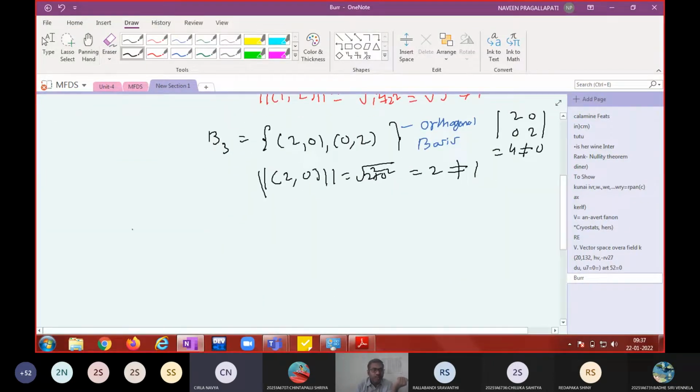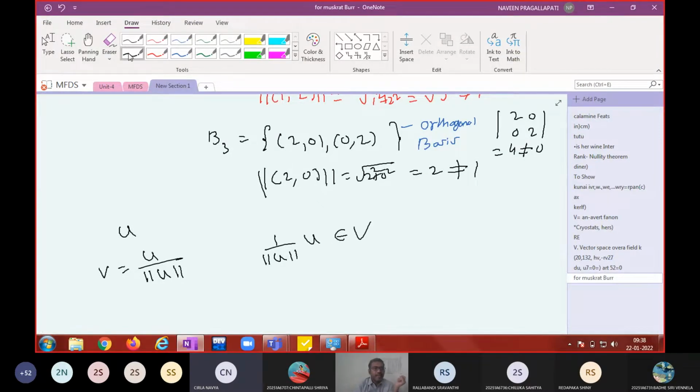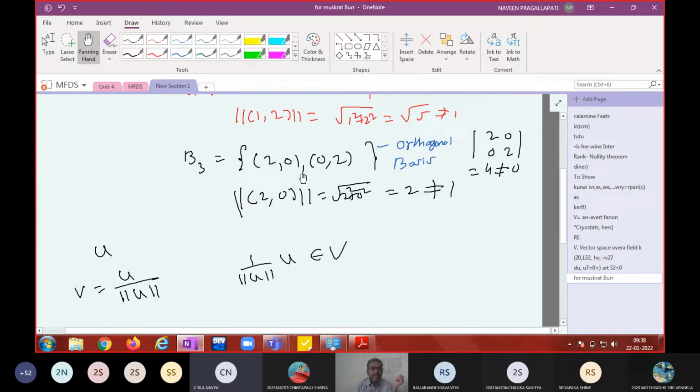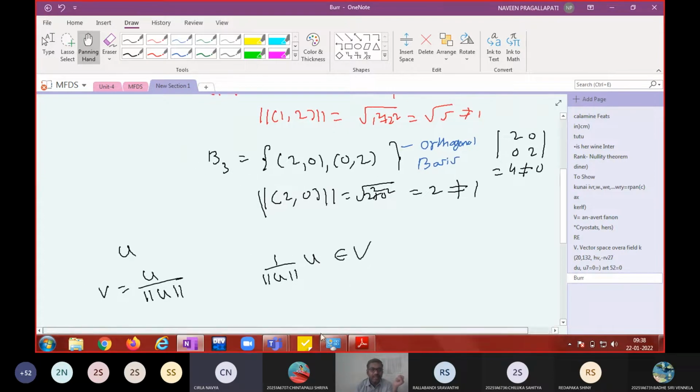So if I have a vector u, how can I create a unit vector? By defining v equal to u by norm of u. 1 by norm u is a scalar. Scalar into u is a vector, belonging to the vector space. So if you have an orthogonal set, from that it is easy to find the orthonormal set. Simply divide each vector by its norm.